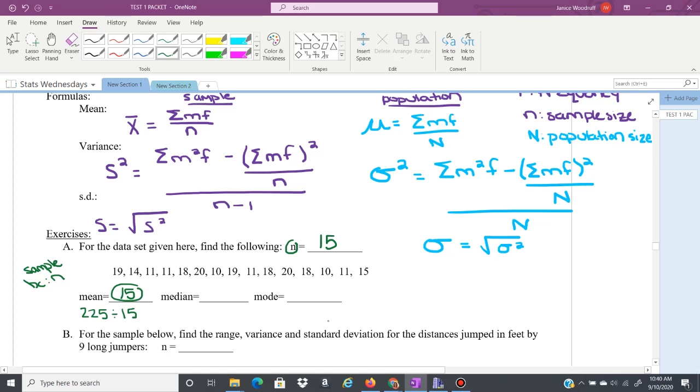All right, the median, what we are going to want to do is put these in order. So let's see here. My smallest number appears to be 10, and I'm going to have that 2 times. Then I've got 11, 1, 2, 3, 4 times.